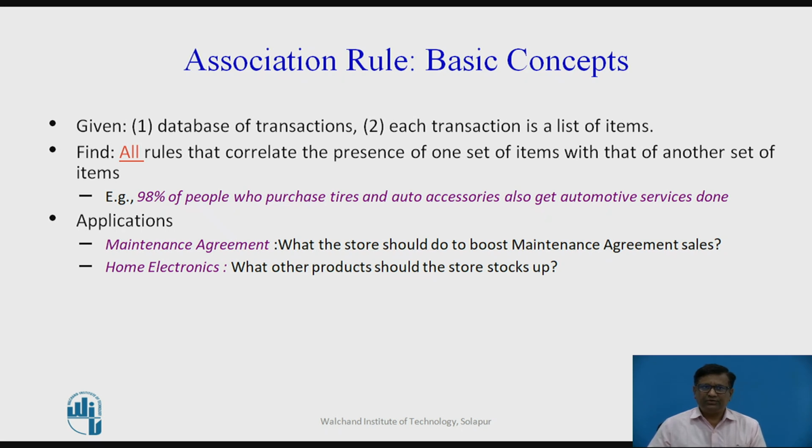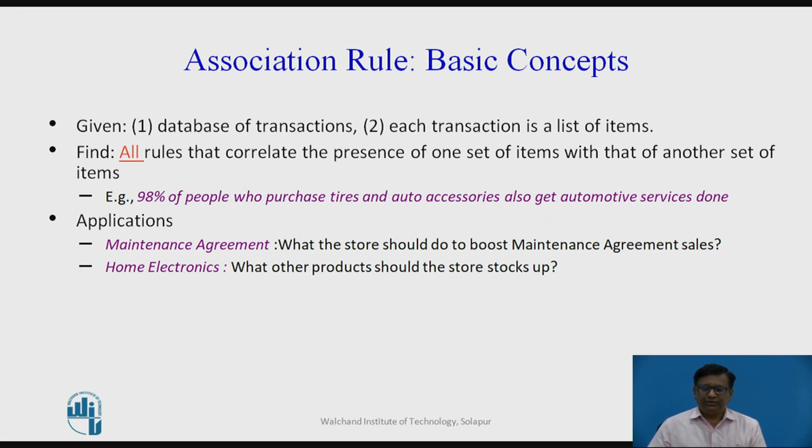The person who purchases bread, there is a 98% possibility that he or she purchases the milk. So in home electronics we see what other products should be stocked up, like for example, if you purchase an electrical kettle, then the possibility is that the person purchases tea and sugar also.